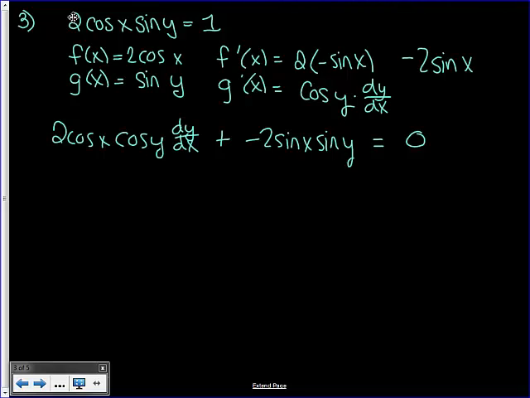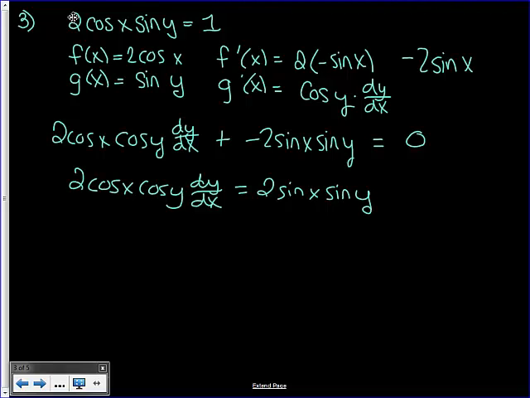Okay, what I can do is, again, I can pull out negative 2's. Really, my goal here is we're going to solve for dy/dx. So let's move this negative 2 sine x sine y over. So I have 2 cosine x cosine y dy/dx equals 2 sine x sine y.